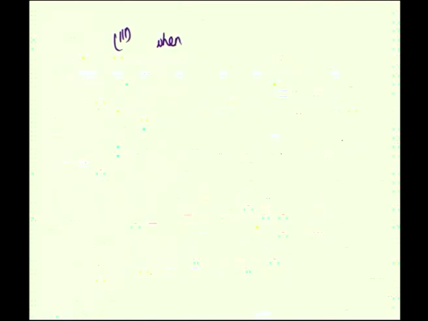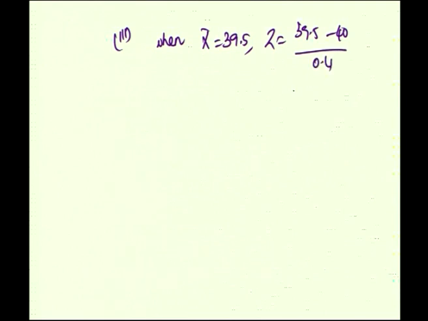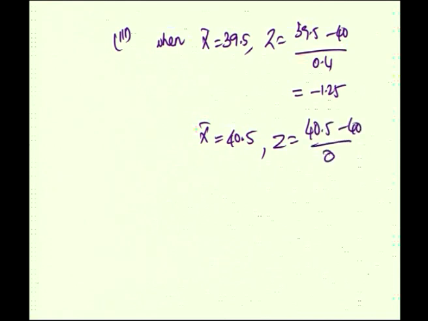When x bar is equal to 39.5, your Z value is 39.5 minus 40 divided by 0.4, which is minus 1.25. Similarly, when x bar is equal to 40.5, Z is equal to 40.5 minus 40 by 0.4, which is plus 1.25.